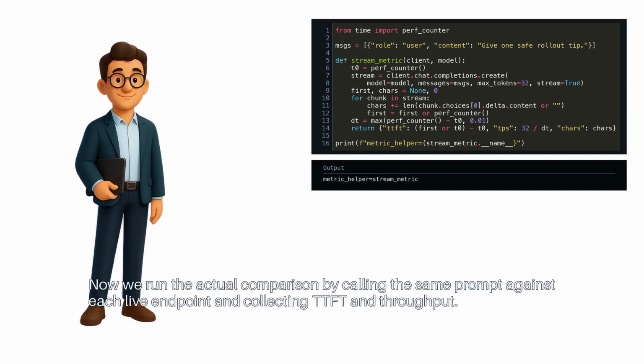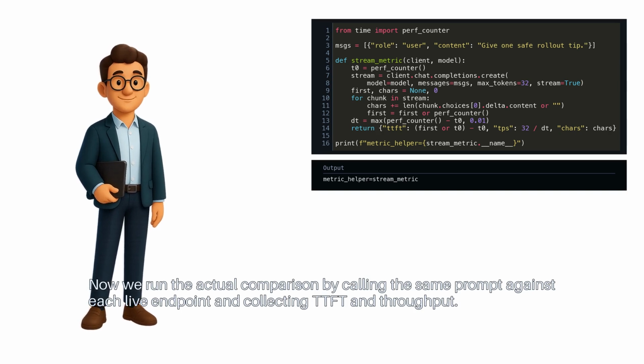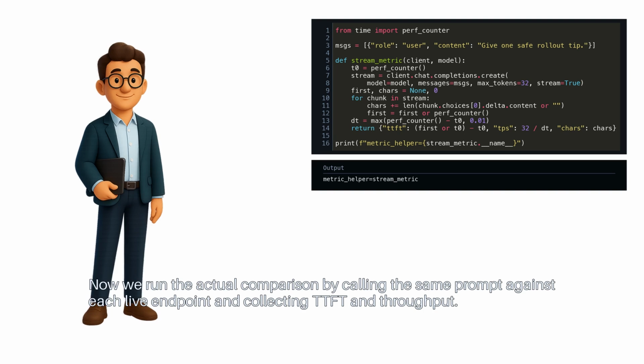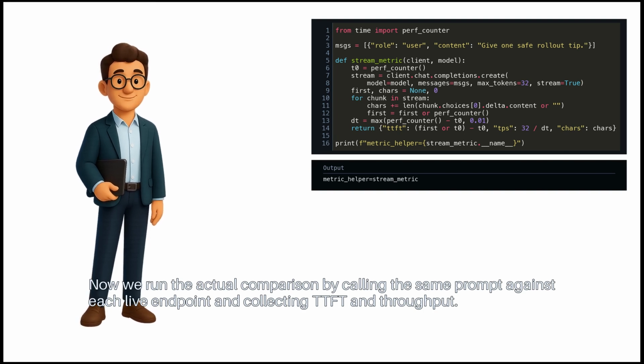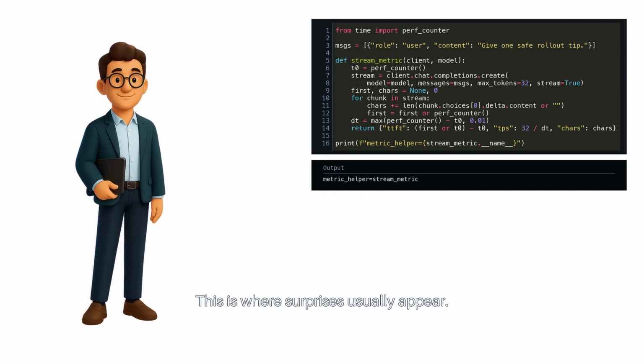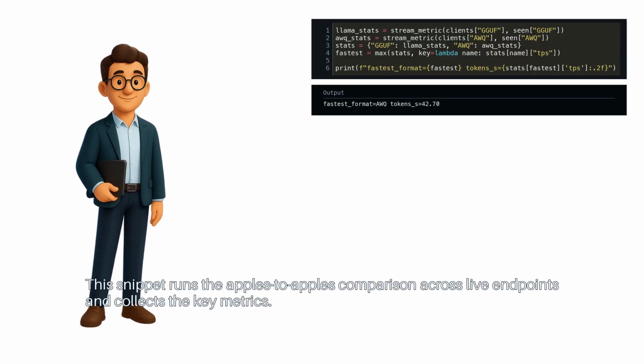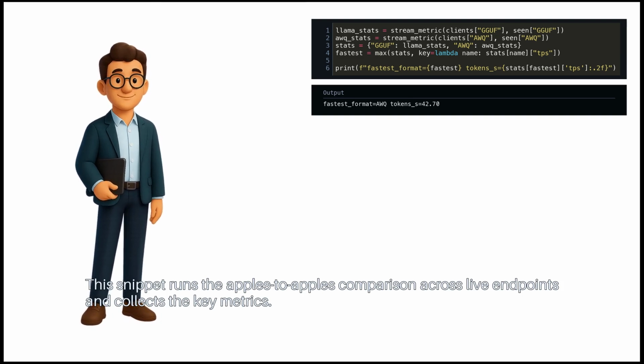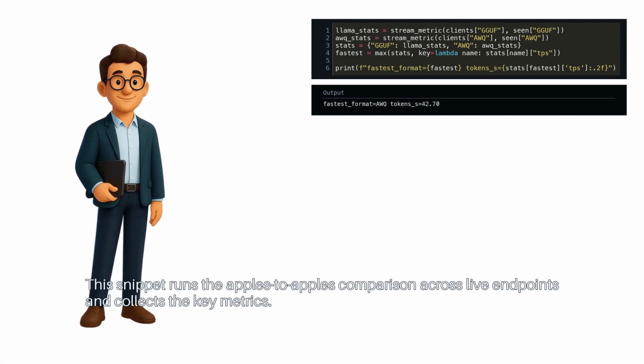Now we run the actual comparison by calling the same prompt against each live endpoint and collecting TTFT and throughput. This is where surprises usually appear. This snippet runs the apples-to-apples comparison across live endpoints and collects the key metrics.